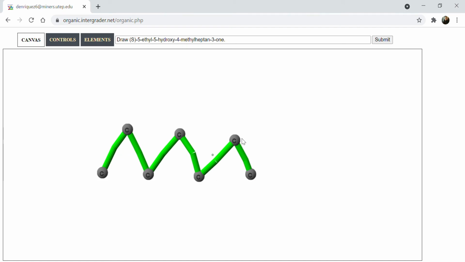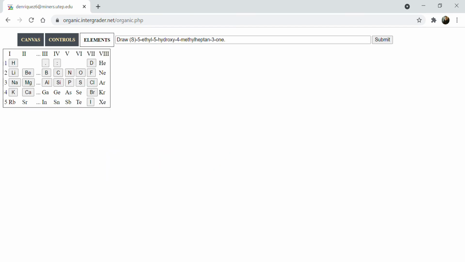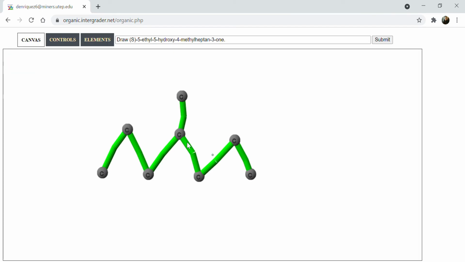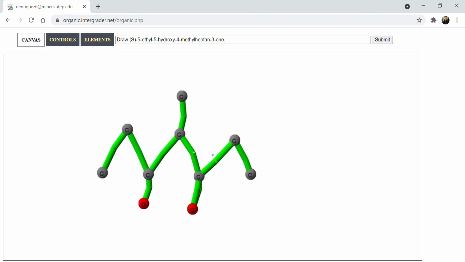So 1, 2, 3, 4. I'm going to switch to my oxygen. I have a ketone at the 3 position down here. Okay, so I'm done with all of this. At the 5 position, I have a hydroxy. So 1, 2, 3, 4, 5. Single bonded oxygen. And then 5-ethyl. So I'll also have an ethyl right over here where that hydroxy is.